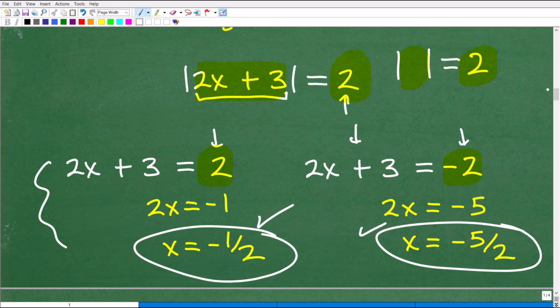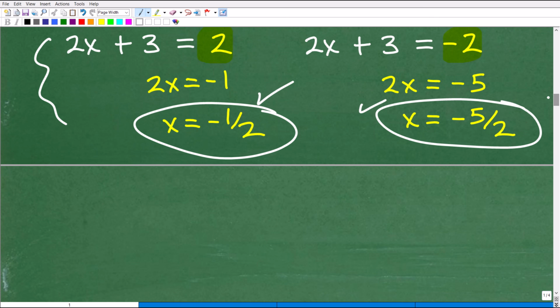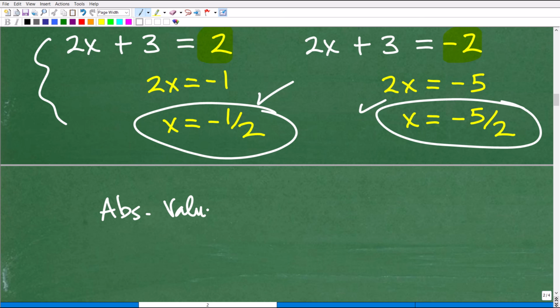Now, let me stress one of the things here. When you learn how to solve absolute value equations, you're going to be very happy. You're going to be like, oh, look at me, I am so awesome in algebra, which you are. But here's the deal.